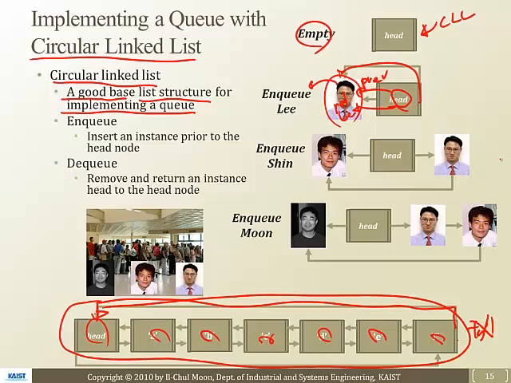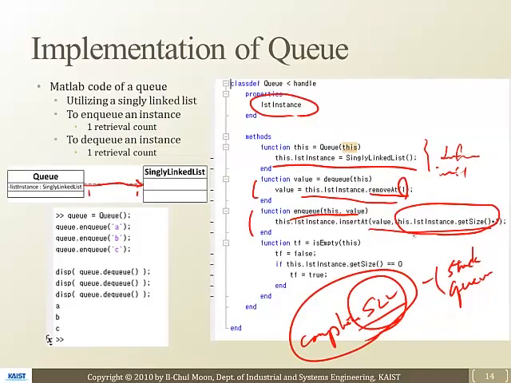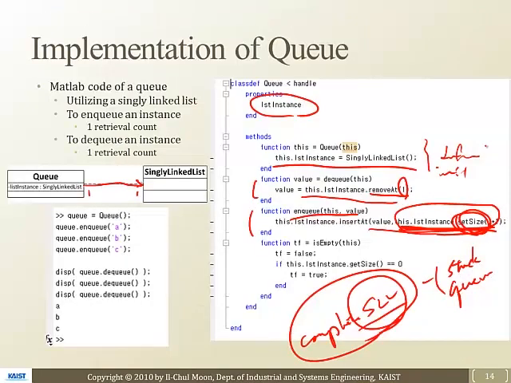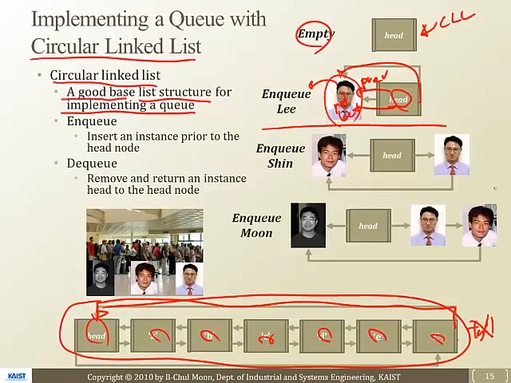What's the benefit here? In the previous implementation, when we were enqueuing something, we needed to get the size of the list. But do we need size here?